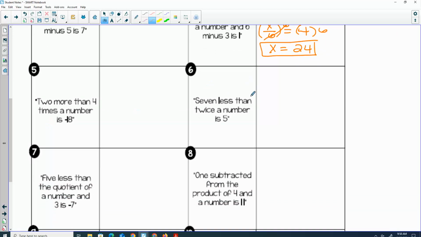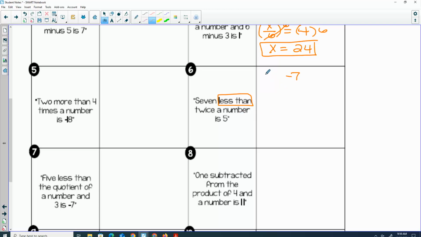Number 6, a lot of you missed these yesterday. When I say 7 less than is a turnaround phrase, so that means minus 7. Number less than and subtracted from, you turn it around.